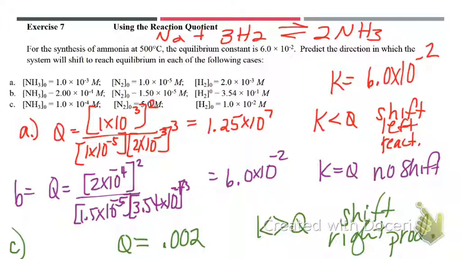Much bigger. And then in the second case, it's equal, so it's no shift. And the last case, I was running out of room, so I didn't write the actual equation, but you get the drift, and K was greater than Q, so it shifts to the right, favoring the products.